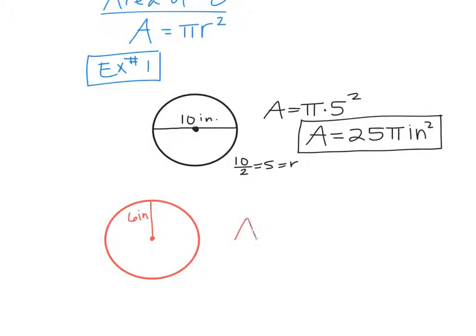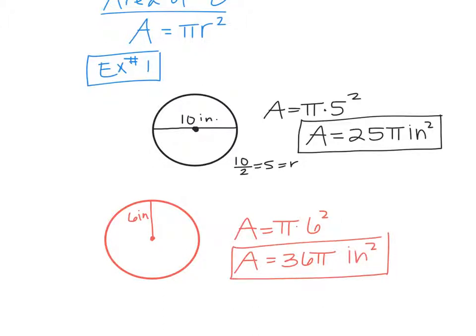A equals pi times 6 squared, which we would simplify to 36 pi. Remember, if we're leaving it in terms of pi, pi is part of your answer, okay? Zaire, you with me? Yes. So 36 pi, area is square inches. So it's going to look like that.